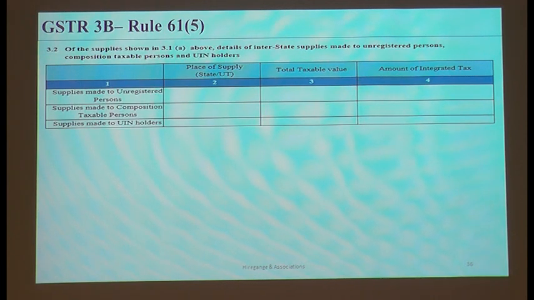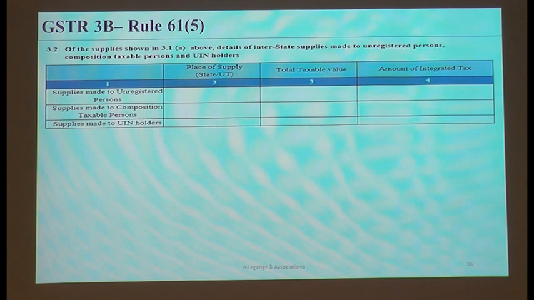Coming back, out of the supply shown in 3.1a, what is 3.1a? Outward supplies. About details of interstate supplies made to an unregistered person, composition taxable person and UIN holders.